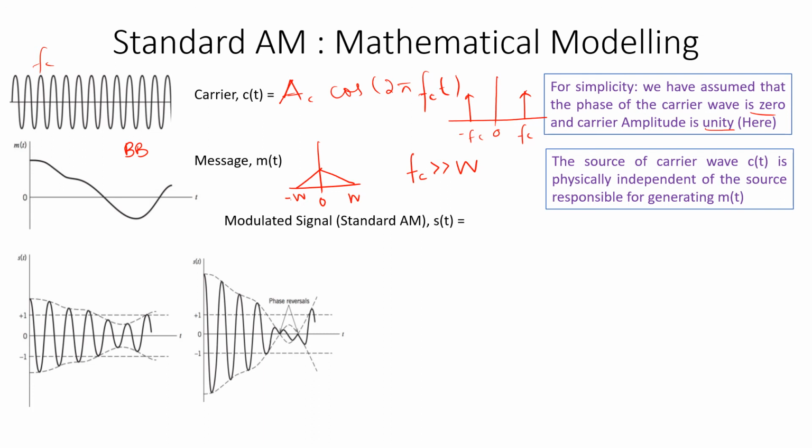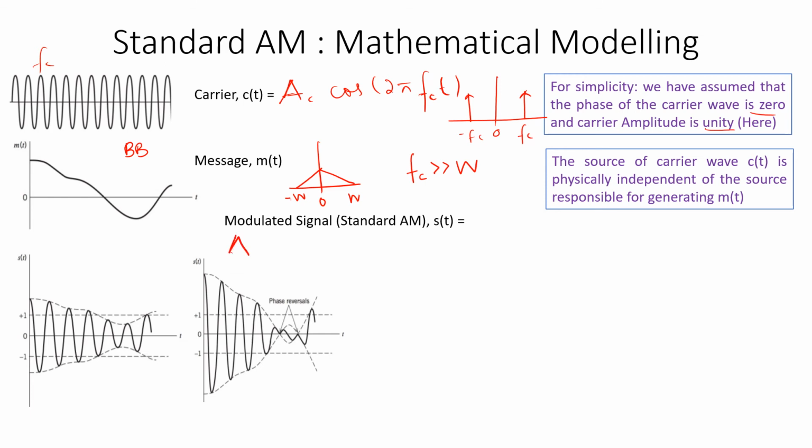So now the modulated signal, as per the definition, its carrier's amplitude should vary linearly according to the message, and it should vary around a mean value. Keeping that definition in mind, I am going to write the mathematical equation for the modulated signal in standard AM.